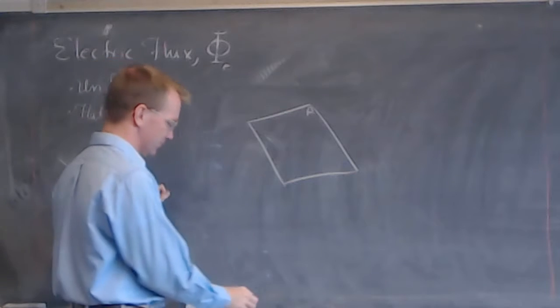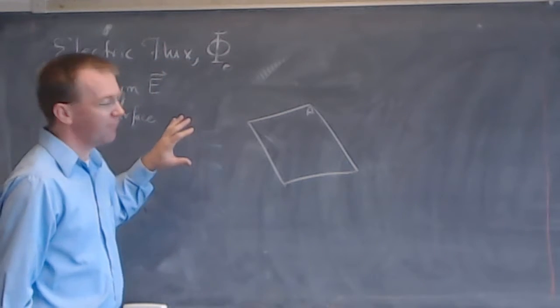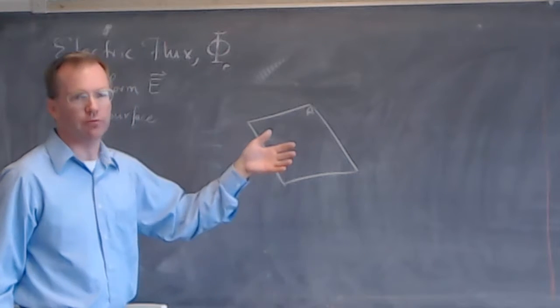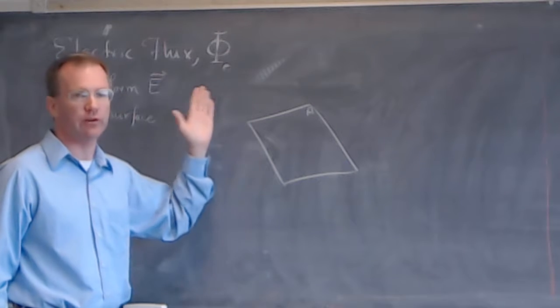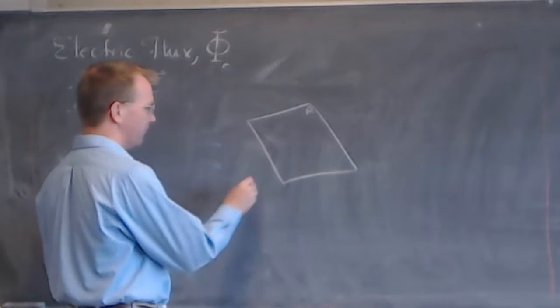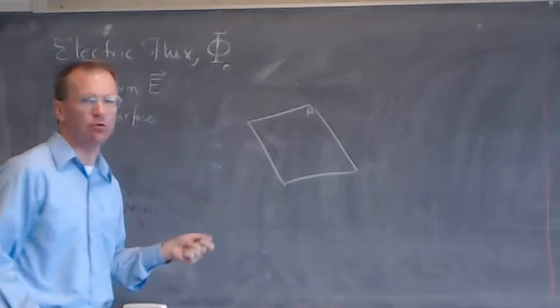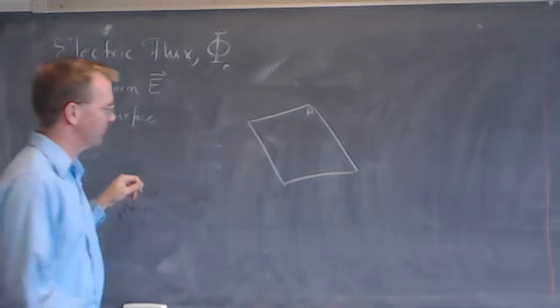In that case then, the flux of the lines going through this is going to be different. It's going to be smaller than when the surface is face on. And that's because the electric field, in a sense, sees a smaller area if it's tilted.